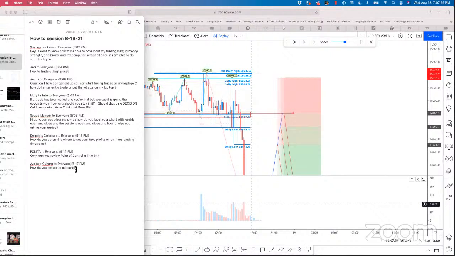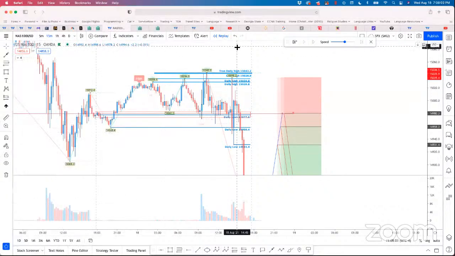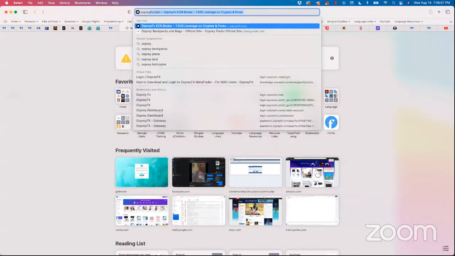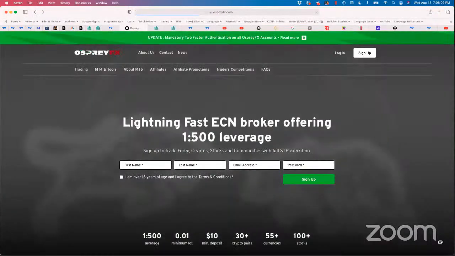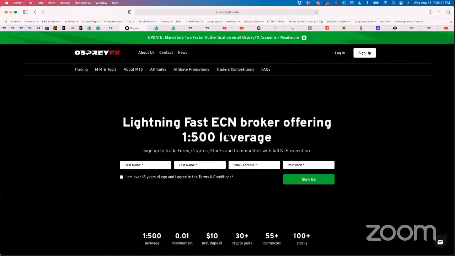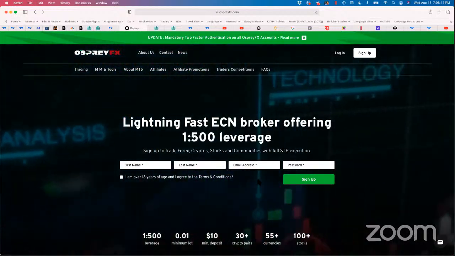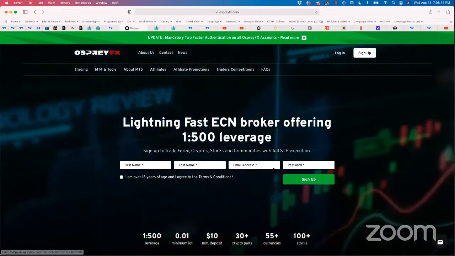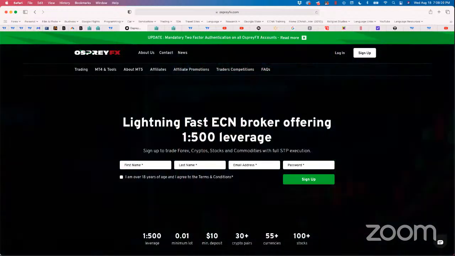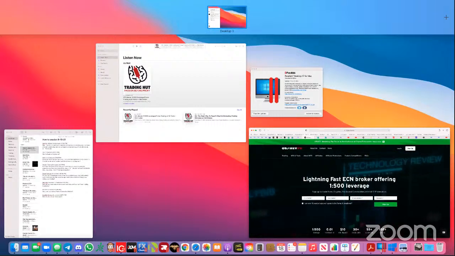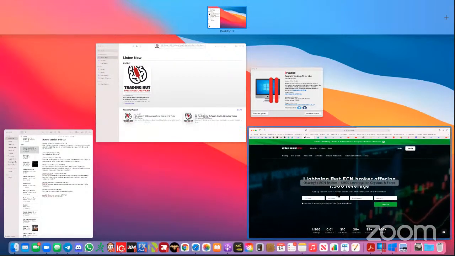I went over point of control, and then Ayodele asked about how to set up an account. The broker I'm recommending right now is Osprey FX. You're going to want to come in here and set up your initial account information. Once you get the login details, you can come over to your MetaTrader and add all of the login details.